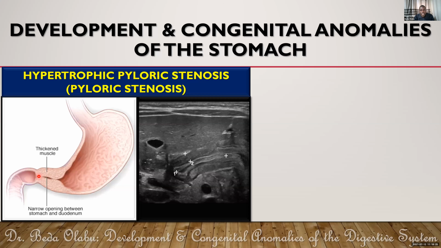Now, whether it is actually congenital or not may be a bit debatable, because when a child is born, they may not have this problem. But within the first 6 to 8 weeks after birth, we see this problem. We commonly diagnose pyloric stenosis in the 2nd month of life.